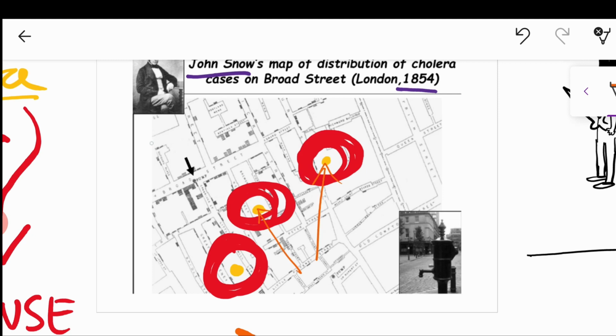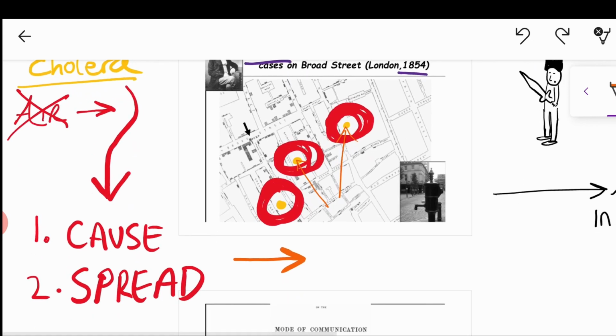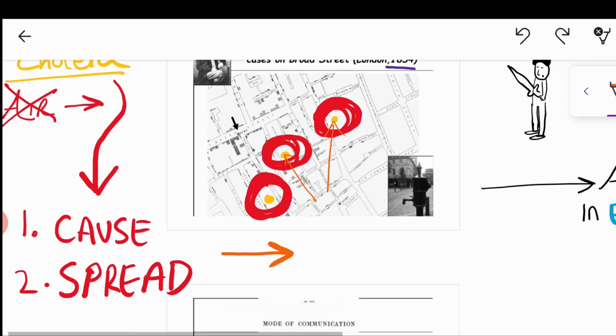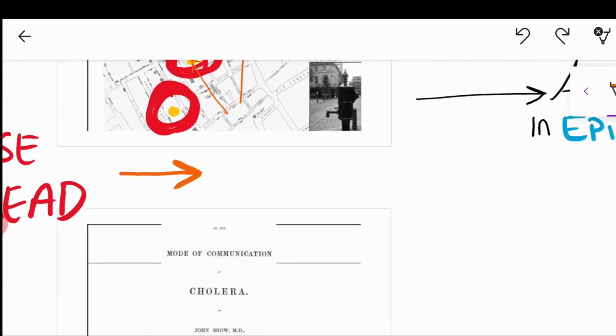If it was spread through the air, we would have seen a widespread, equal distribution in the population. However, we only saw focal increases, which led him to investigate further and find that it is caused by water and not the air. All right.